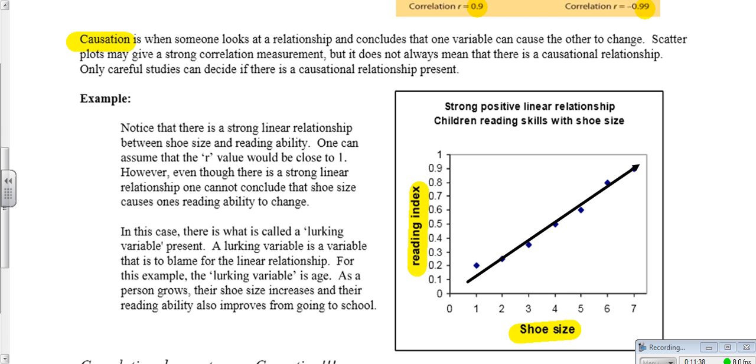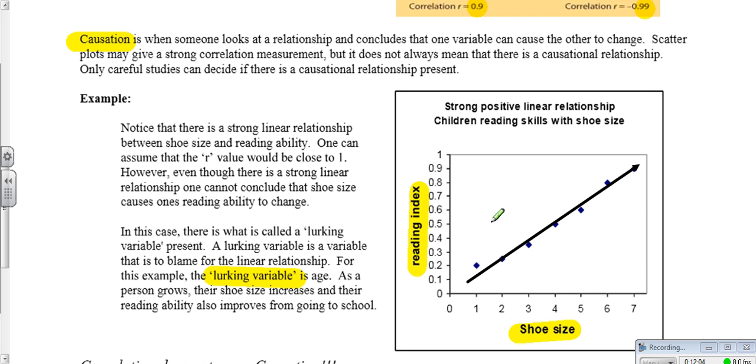So what this graph has is what's called a lurking variable. That means the variable that is binding these two things together to make it look like one causes the other, but actually it's the lurking variable that is the key. The reason that as shoe size increases the reading increases is that the lurking variable is age.